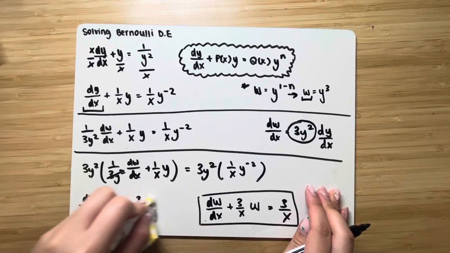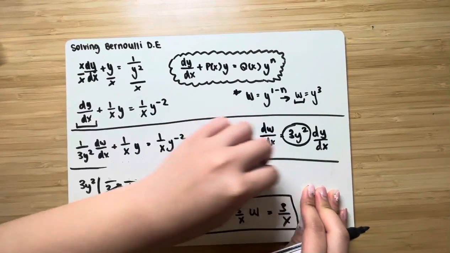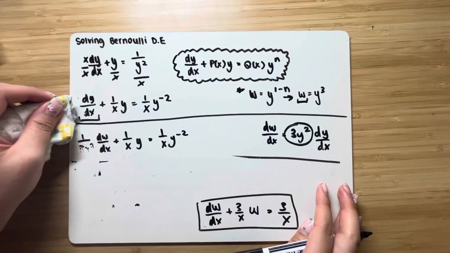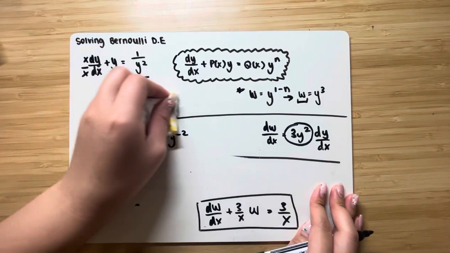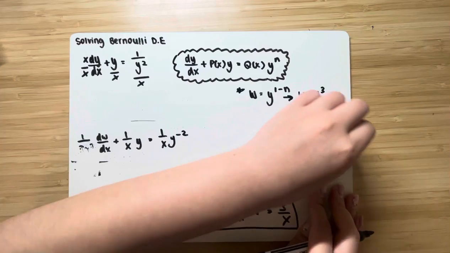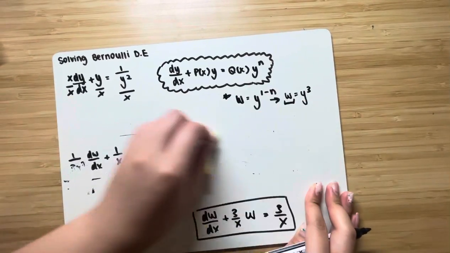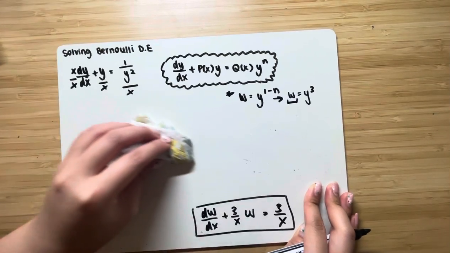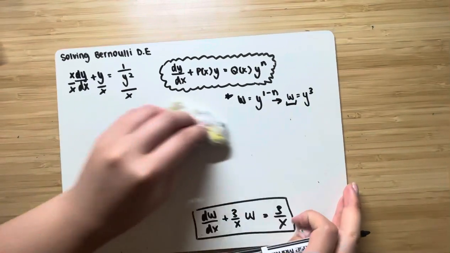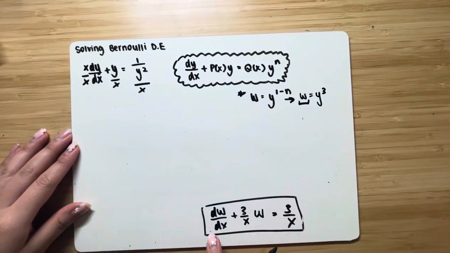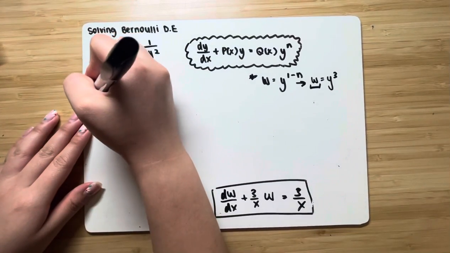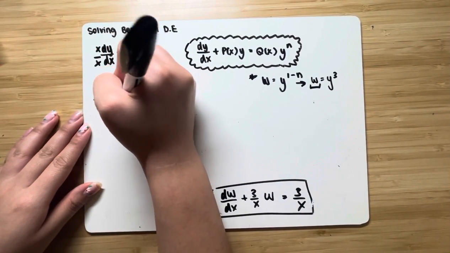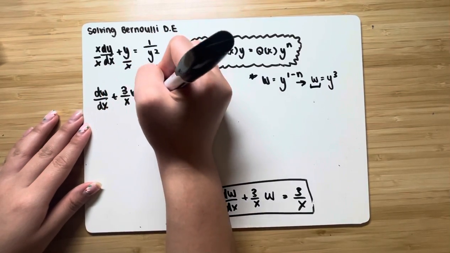So let's erase everything to make space. We copy this to put it right here. dw over dx plus 3 over x w equals 3 over x.